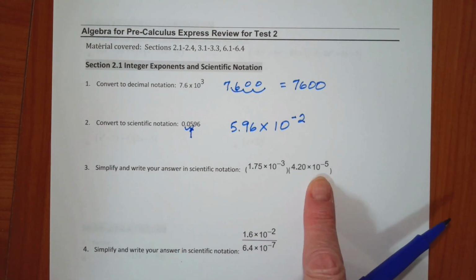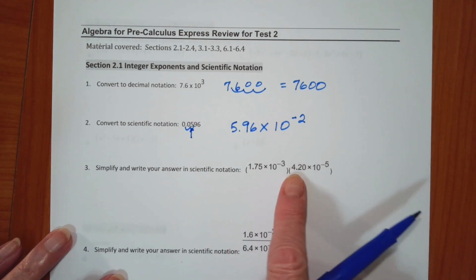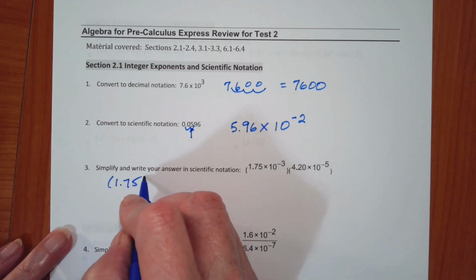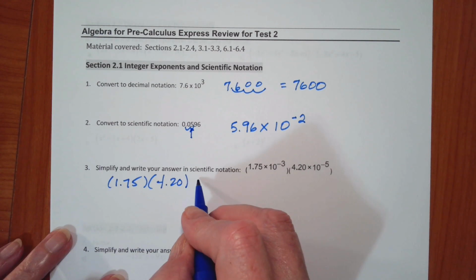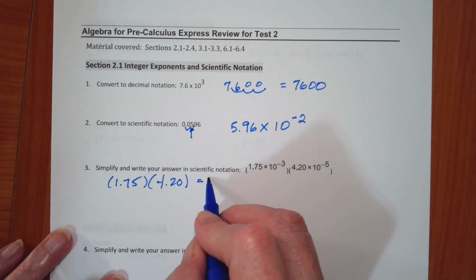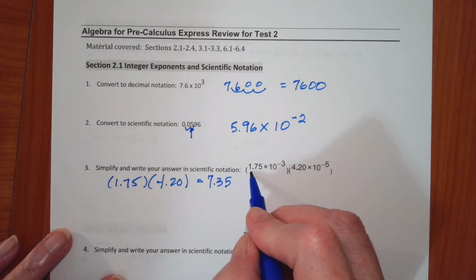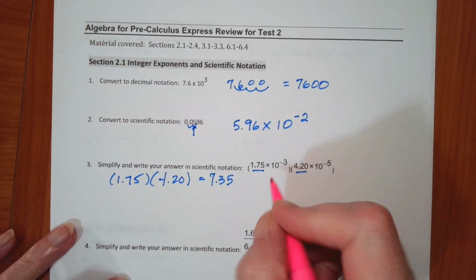Okay, if I'm multiplying, then what I want to do is multiply the 1.75 times 4.20, which gives me 7.35. So I'm going to multiply these two, and then I also want to multiply these two.